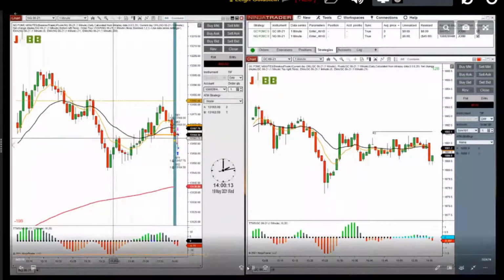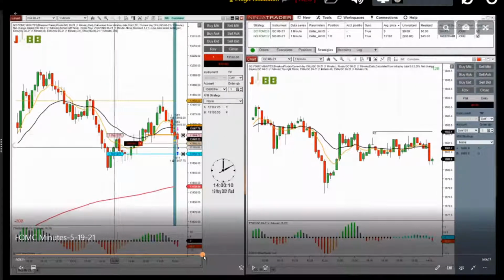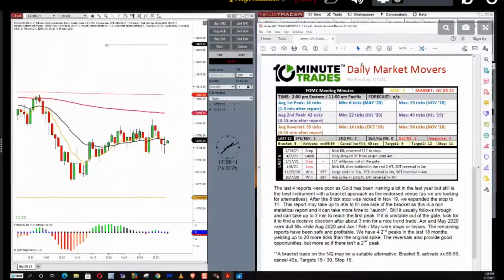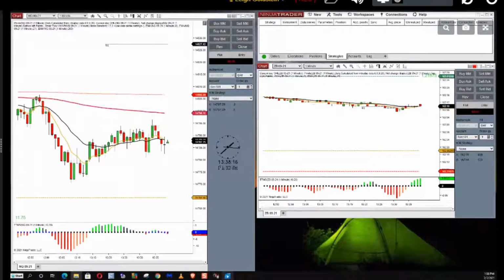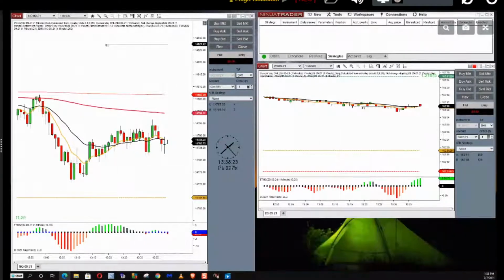And here's what's kind of crazy. If you look at what actually happened, it hits the first target. Let me check something. The first target's only 5 ticks, but it moves so fast out of profitability that you had no opportunity to get out of that trade with money.